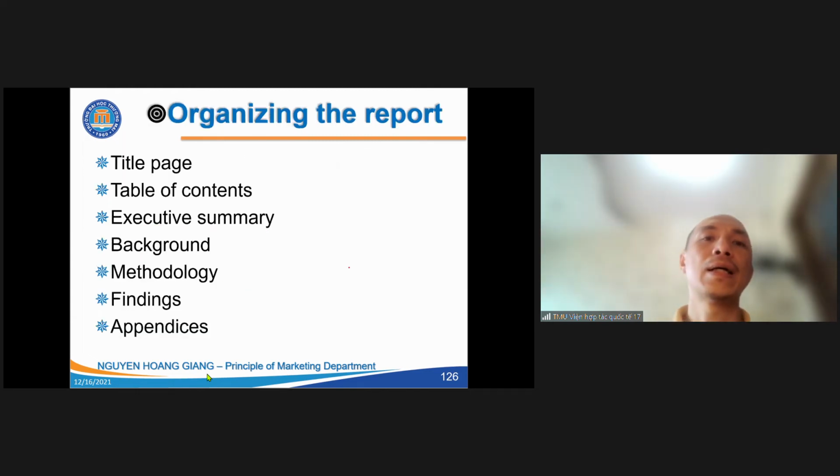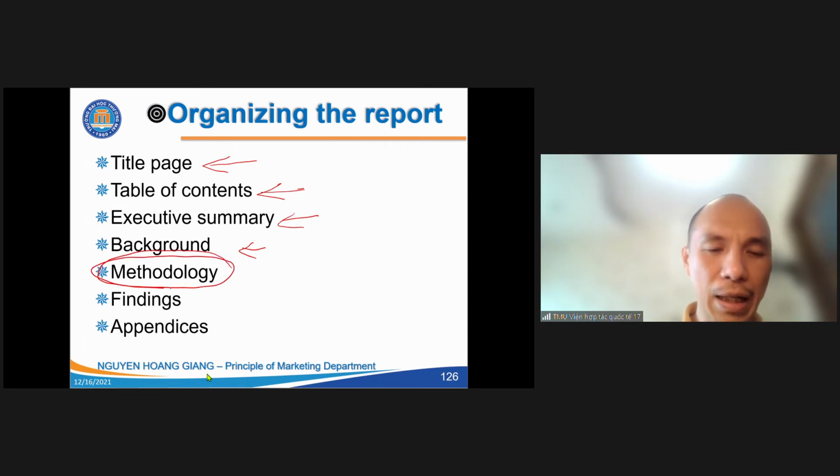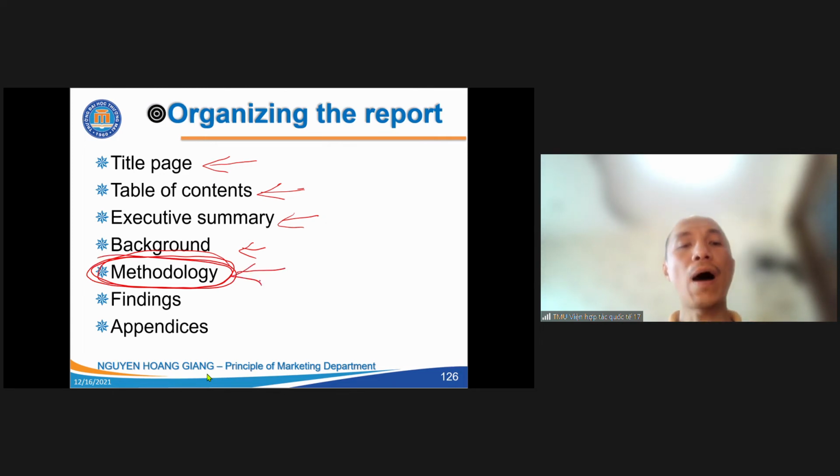And the other thing we consider is organizing the report. So we think about the title page, the table of contents, the summary, background, and especially for this module, I told you again and again, very important: the methodology. How can you do that? Because in this module, we just focus on the methodology. And then the final thing you see here is the findings.